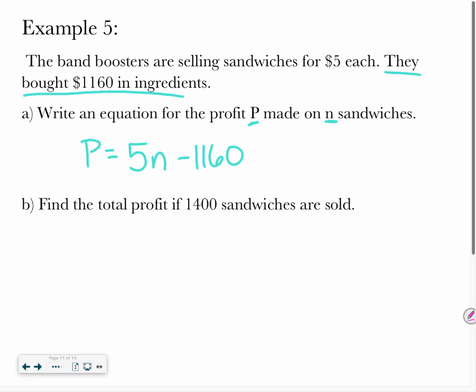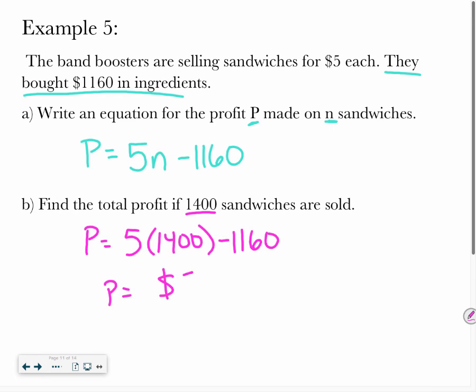Now I can use that equation to find the total profit if 1,400 sandwiches were sold. So I say the profit equals 5 times 1,400 minus 1,060. And if I combine those, I end up with a profit of $5,400.